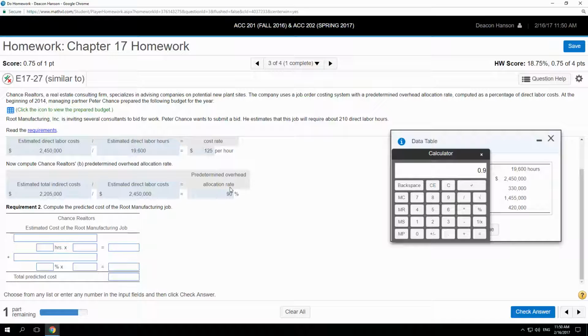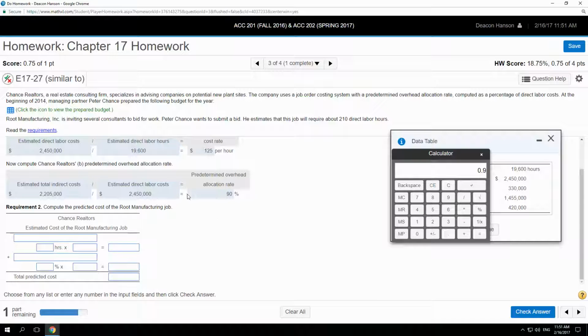We haven't actually captured the true cost, right? So in the end, you're going to see that sometimes we over apply and sometimes we under apply, or to be synonymous, we over allocate or under allocate overhead, and then there's an entry to fix that. Okay, so this predetermination is an estimate.